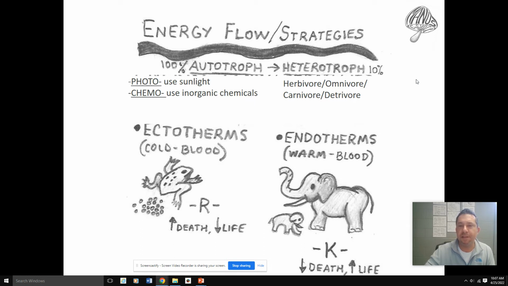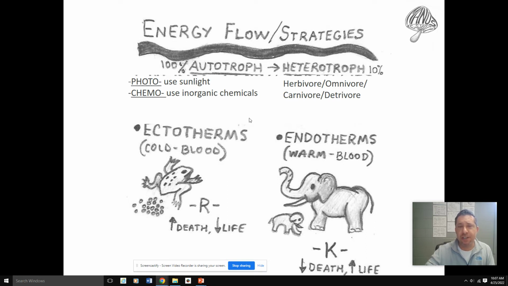Heterotrophs can be many different types, but herbivory, eating plants, omnivore, both, carnivore, just meat, and detritivores, breaking down dead organic material. Those are just a couple of different examples. But the big difference is autotrophs are going to make their own energy, whereas heterotrophs have to consume other organisms in order to obtain their energy.